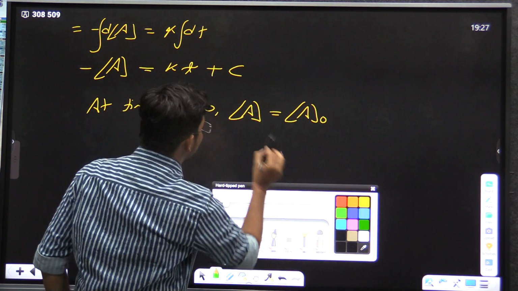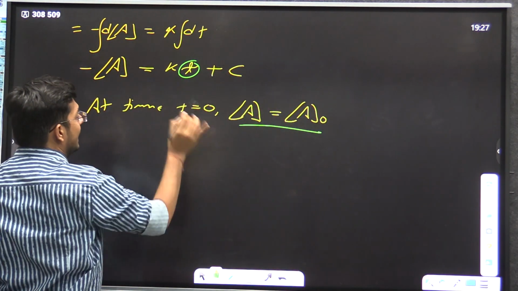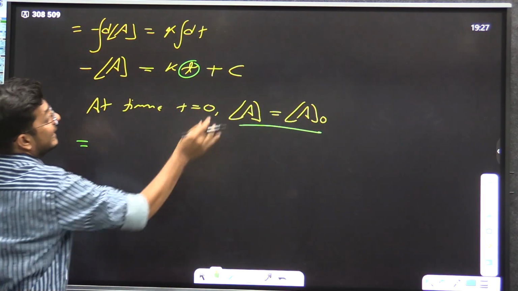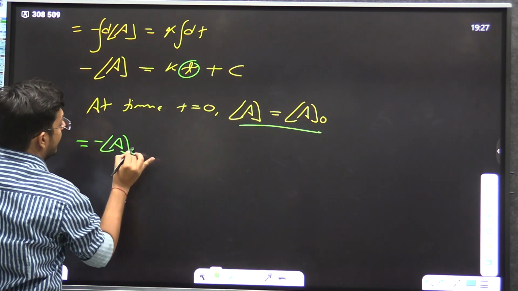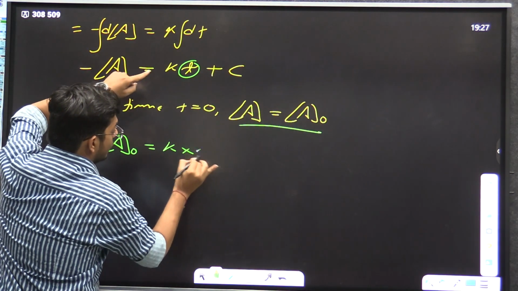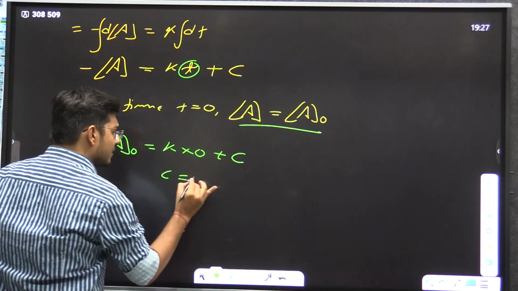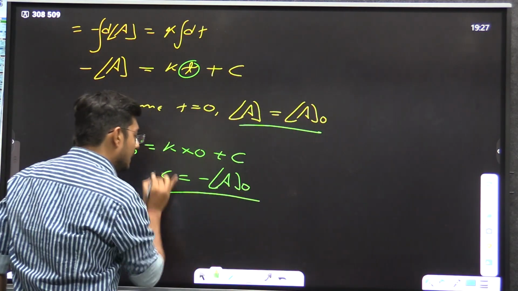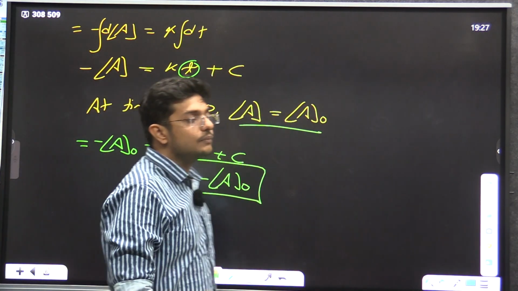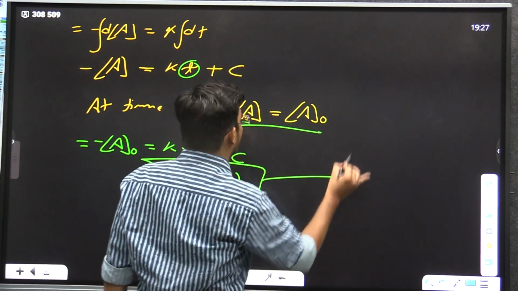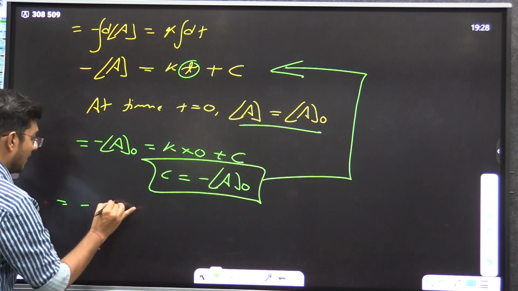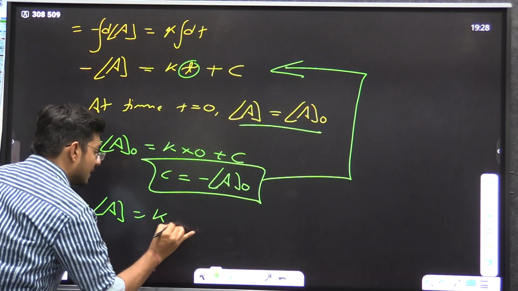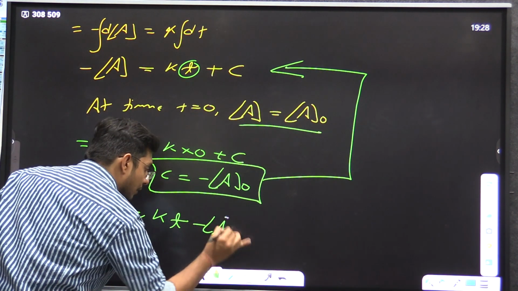Now if we put this value in using time t equal to 0, we get C, that is minus A naught equals K into 0 plus C. This gives the intercept for the graph, that is C. By putting the value of C in this equation, we get minus A equals Kt minus A naught.